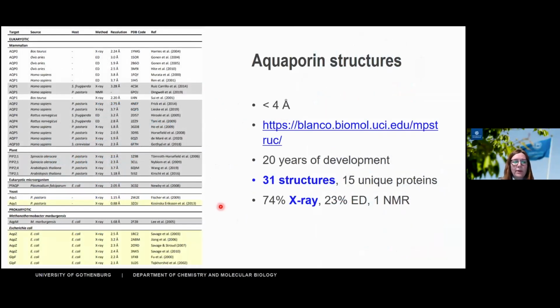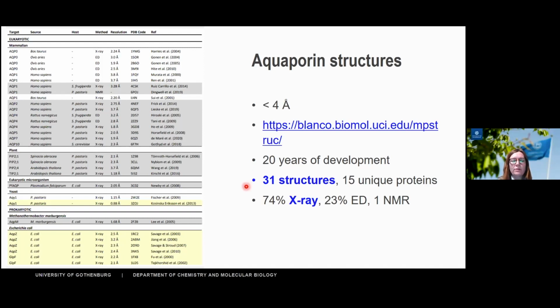So here they are, the 31 aquaporin structures that we know of today. On this list, we have all aquaporin structures below 4 angstrom resolution as collected from Stephen White's homepage. And what we see here is in fact 20 years of development in protein production and structural characterization.